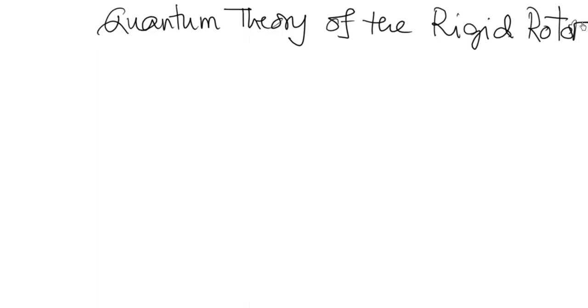Now, if we draw a rigid rotor, a diatomic molecule will look like this.